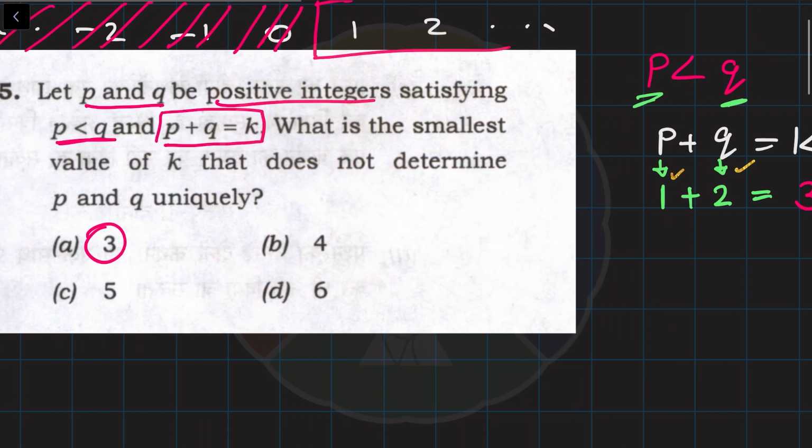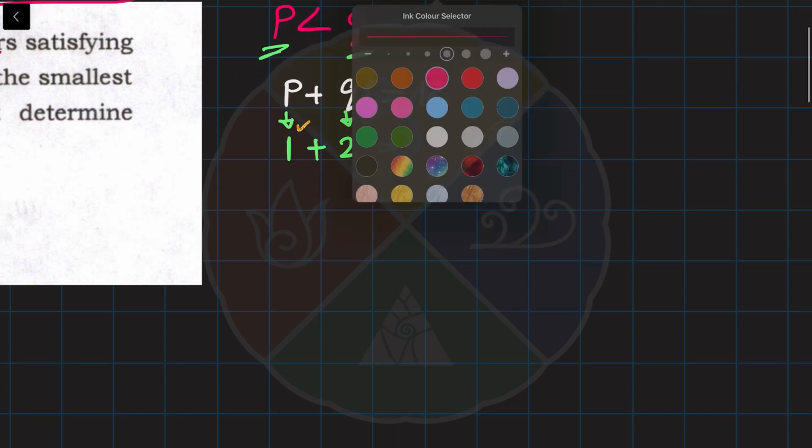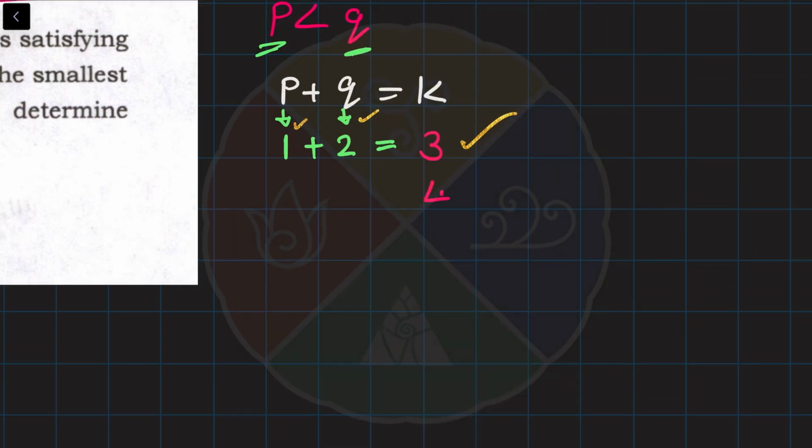We have to find the value of k such that we are not able to find the values of p and q. So this is not the answer. Now let's try with 4. If k is 4, then p and q might be 1 plus 3.